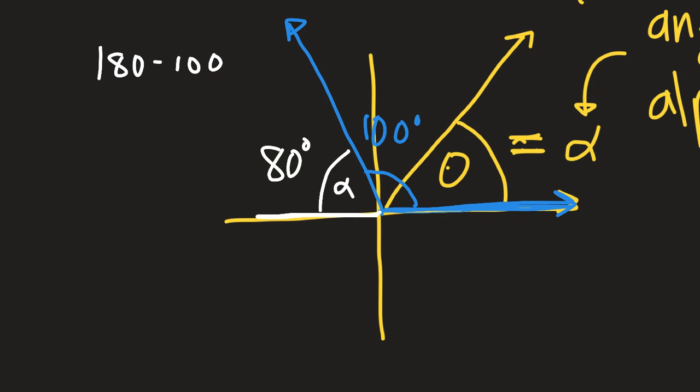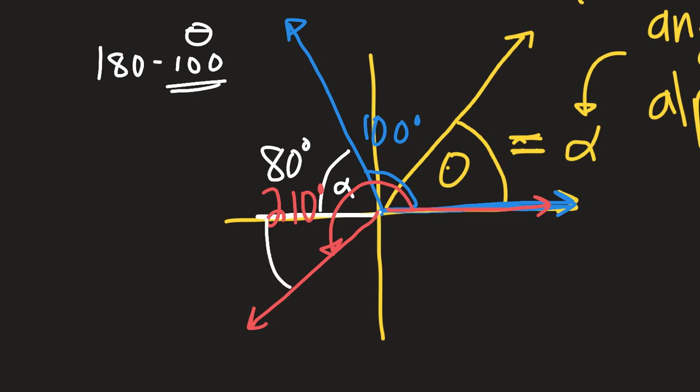The reference angle is the angle that you need to get back to the x-axis. So in the first quadrant, the angle is the same as your given. In the second quadrant, you have to subtract your given angle from 180. If we had a third quadrant angle, something like 210 degrees, how far past 180 have I gone?